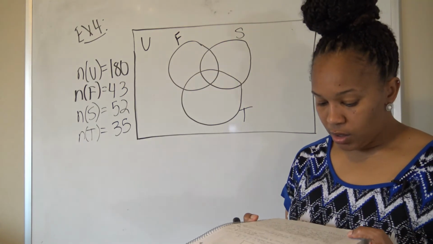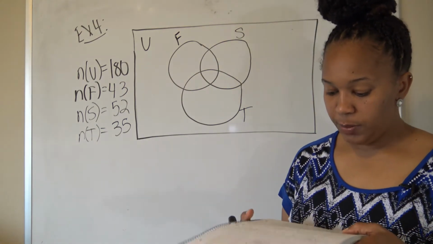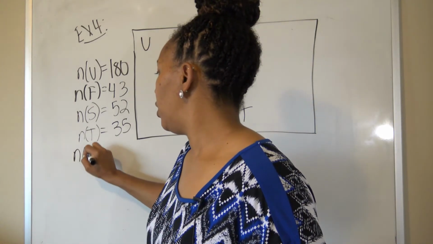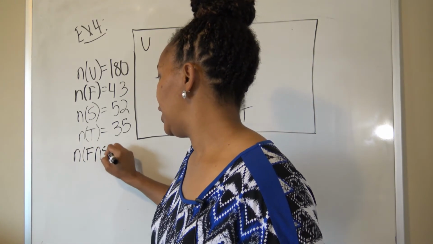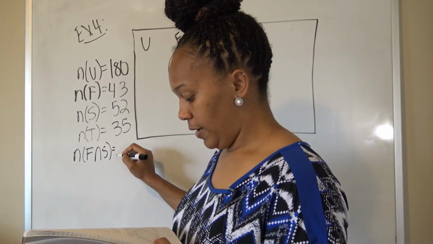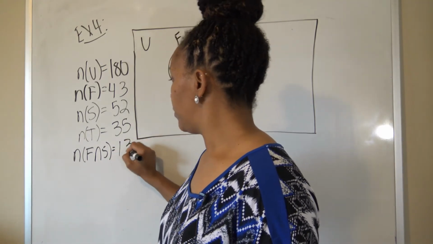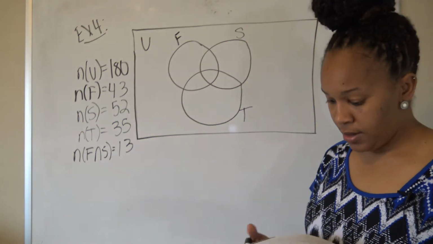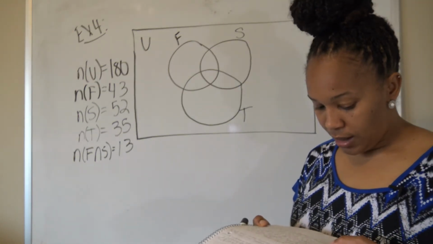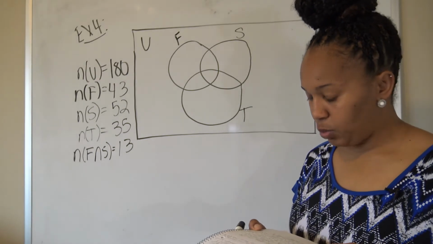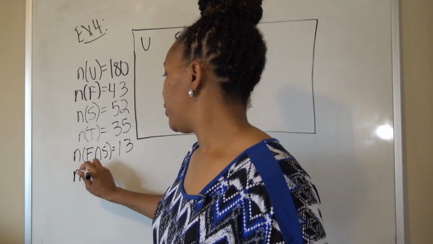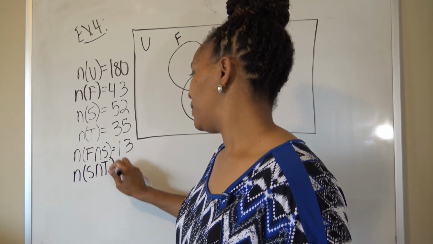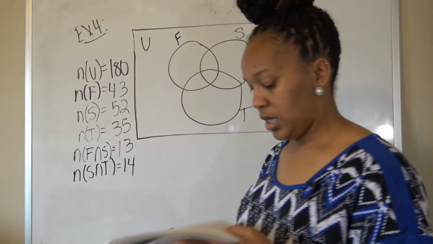Now, it also told us that there were 13 students who participated in fraternities and sports. So the number of F intersect S would be 13. That's the number of those that were in fraternities and sports. It also said that 14 participated in sports and tutorials. So that would be S intersect T, and that's equal to 14.